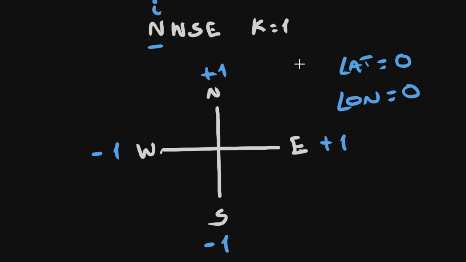This means that we need to add 1 to latitude, so this is now 1. Now our current Manhattan distance is the absolute value here, meaning 1, plus the absolute value here, meaning 0. So our current Manhattan distance is 1. And this happens to be our biggest Manhattan distance up to this point, meaning the result is currently 1.